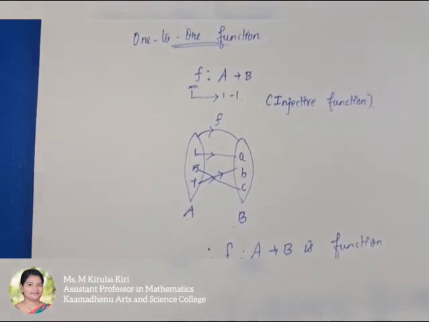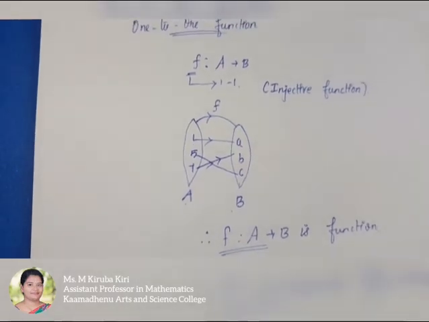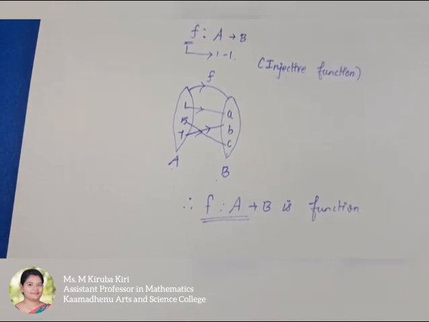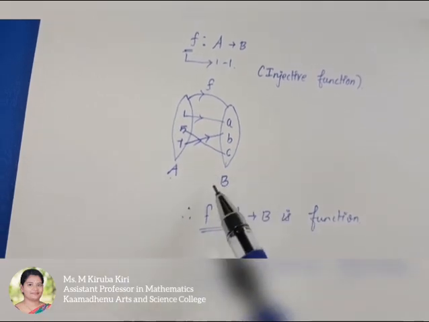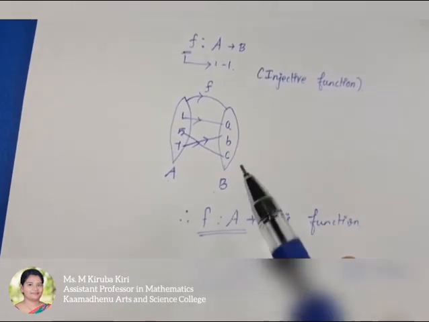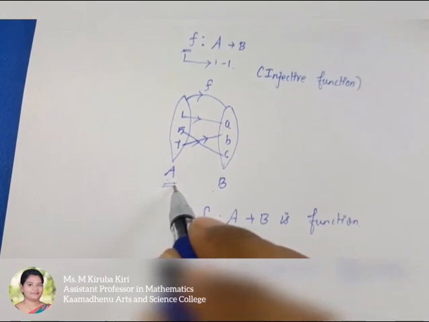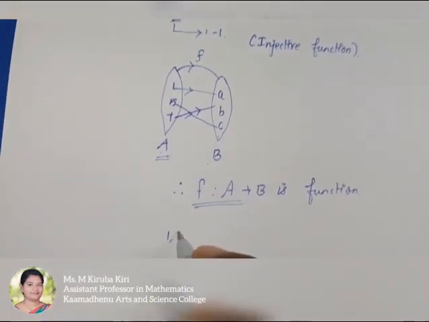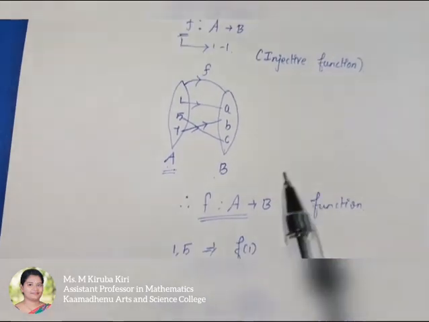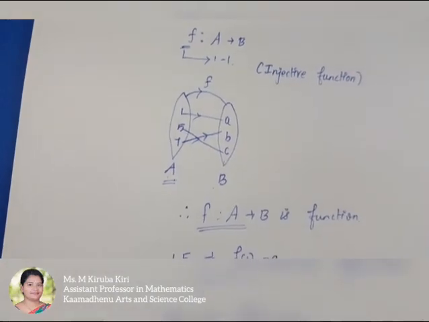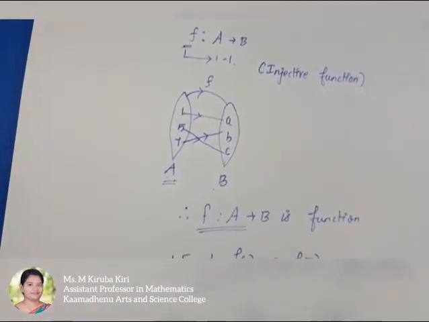Now we need to check whether this function is one-to-one or not. How do we check? Different elements in set A must have different images in set B. You can take any pair of elements from set A. Now I take the pair 1, 5. f of 1 equal to a, and f of 5 is related to c, so f of 5 equal to c.